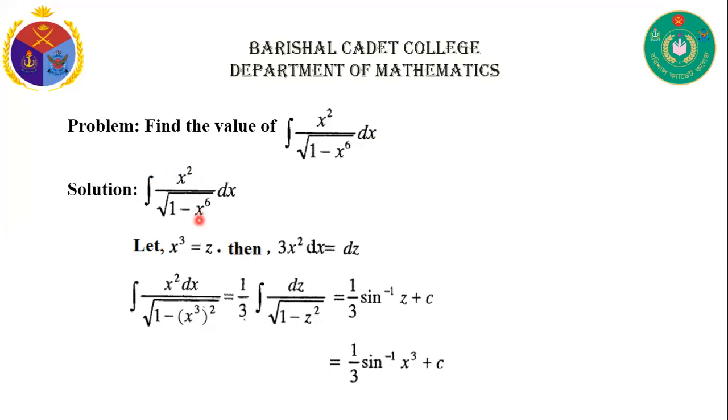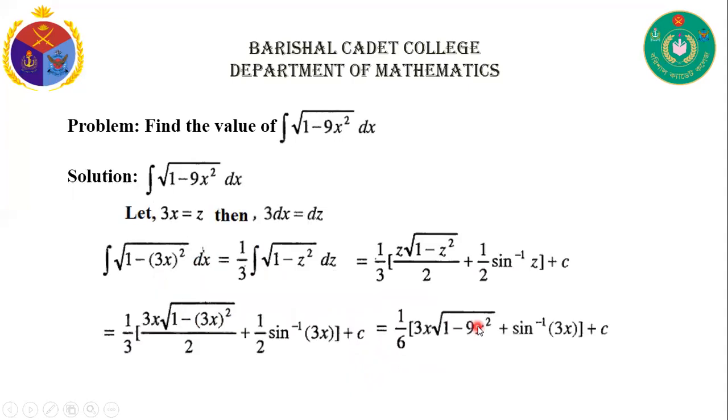So here we take x to the power 6 as x cube square, and take x cube as z. Then x square dx becomes dz, and 1 minus x to the power 6 becomes 1 minus z square. And here 1 by 3 is for eliminating the 3. So it is 1 by 3 sine inverse z plus c. See, this is very simple.